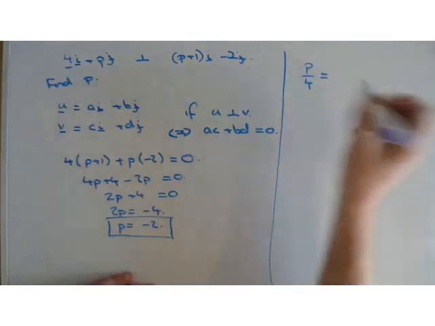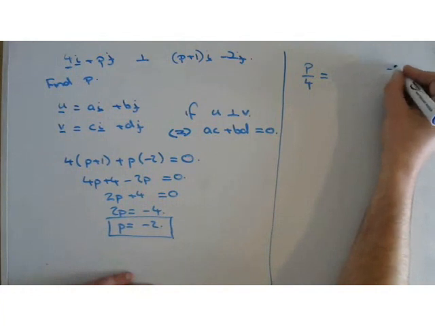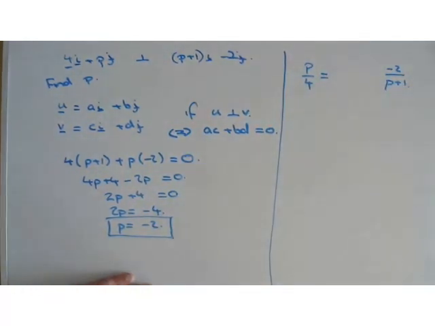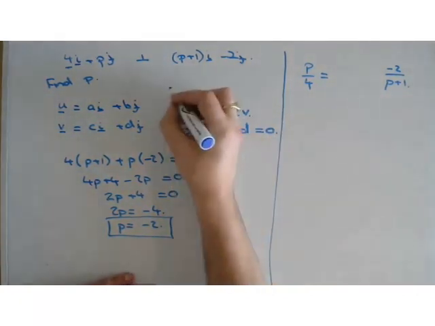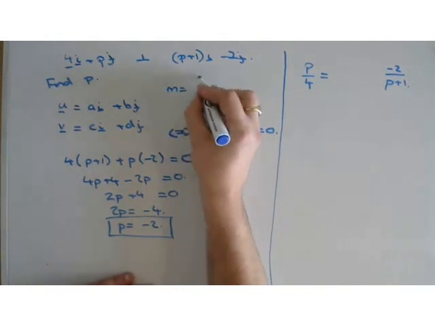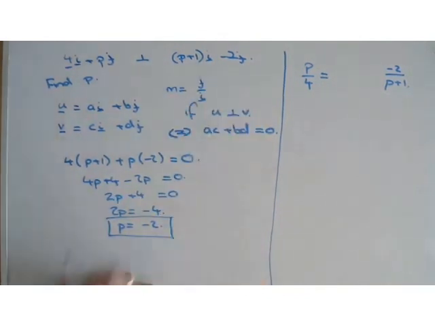The slope of the other one is minus 2 over p plus 1. The slope of a vector is always j over i.